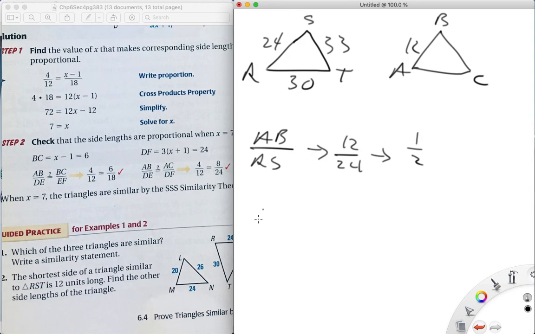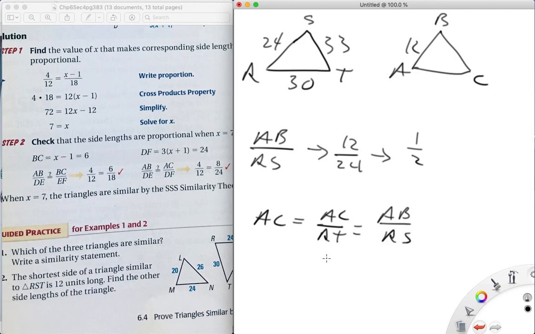So AC, we could set up a proportion and say that AC over RT is equal to AB over RS.